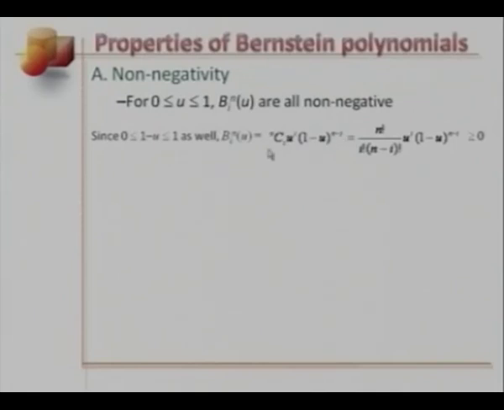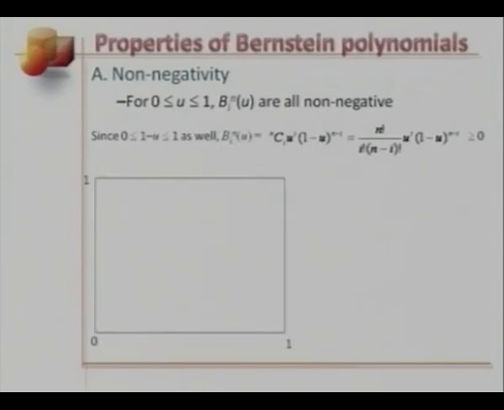We can expand n combination i in terms of n factorial over i factorial times n minus i factorial. Notice that for u between 0 and 1, this is positive and this is positive. So there is no way in which these Bernstein polynomials will be negative.